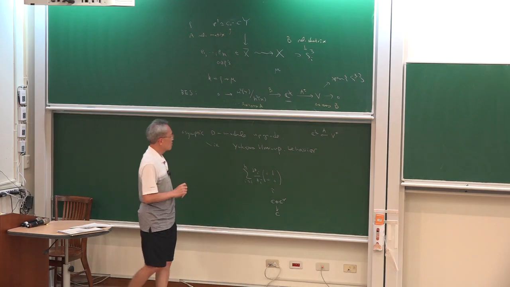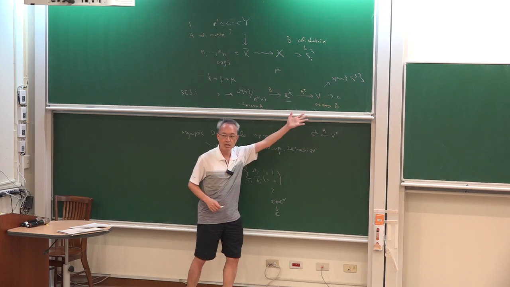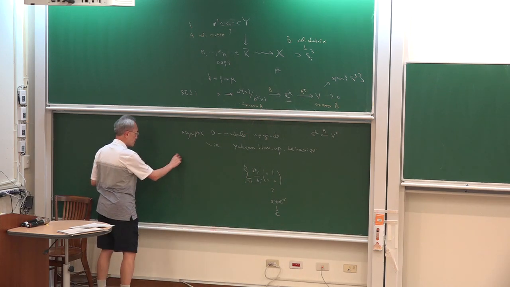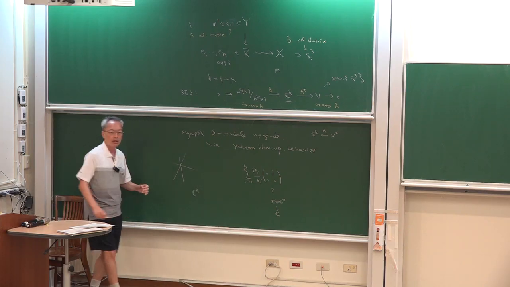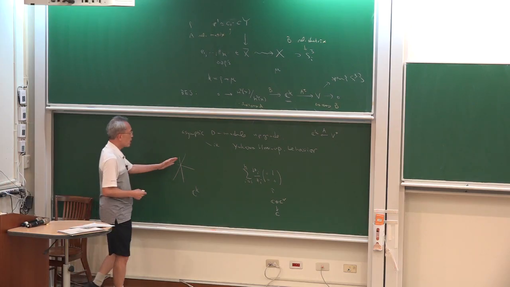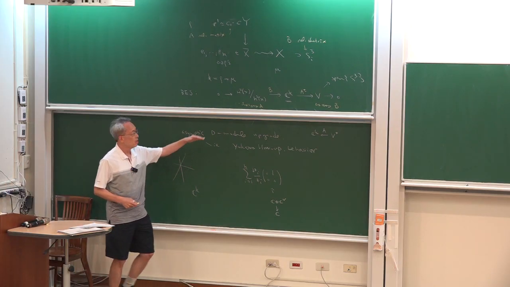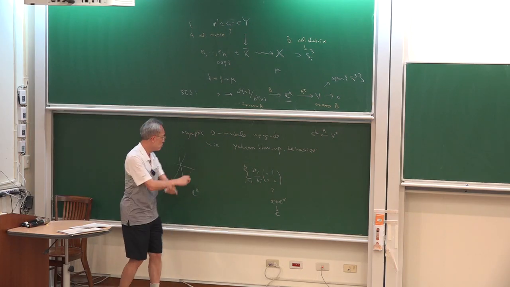So it's non-normal crossing because what does this map mean? This means you have a vector space, which is C^K, but now you take an orthogonal decomposition of this space into two parts.